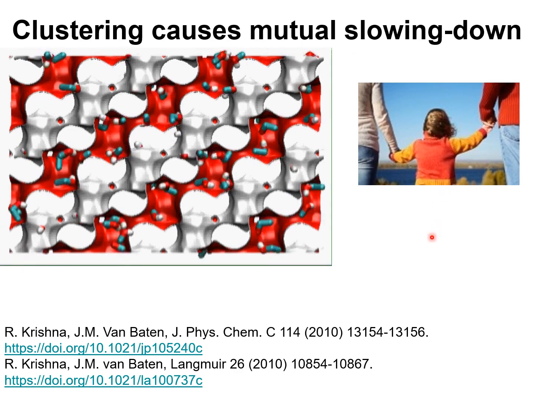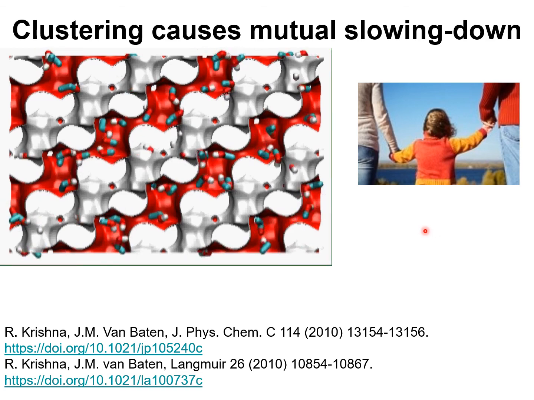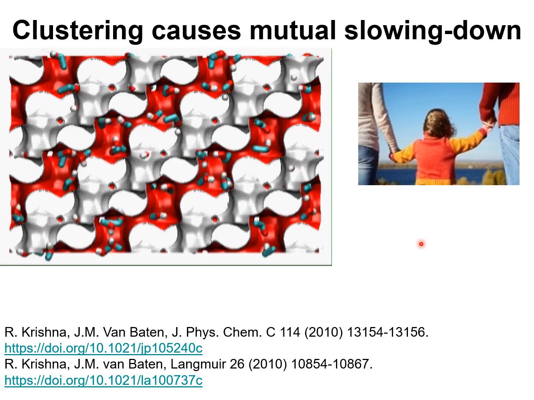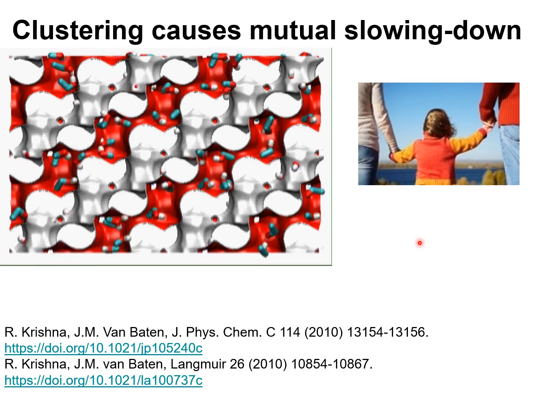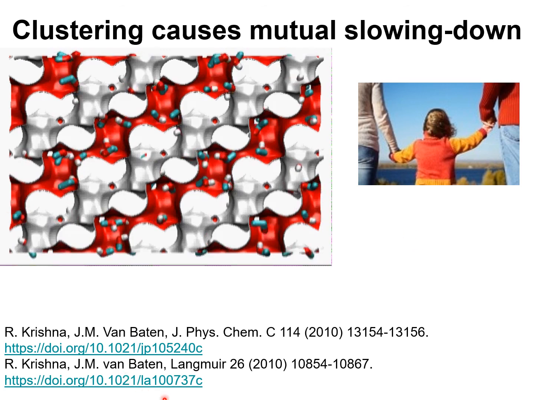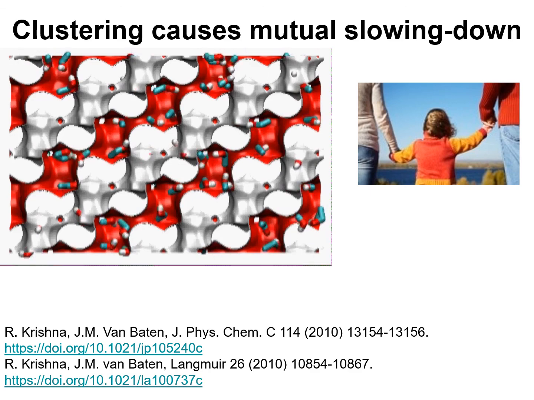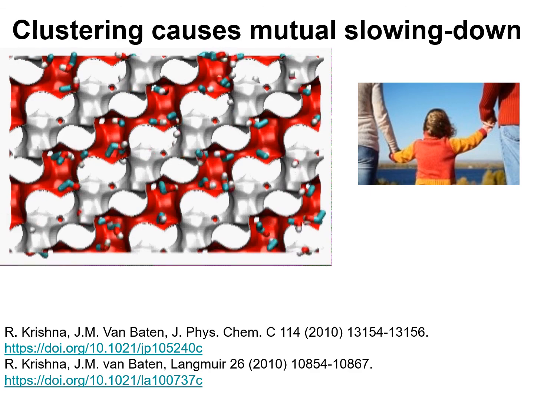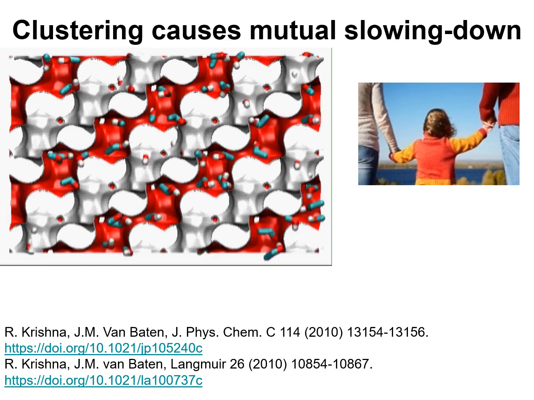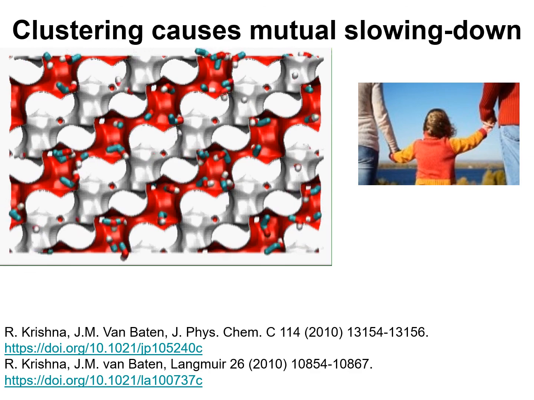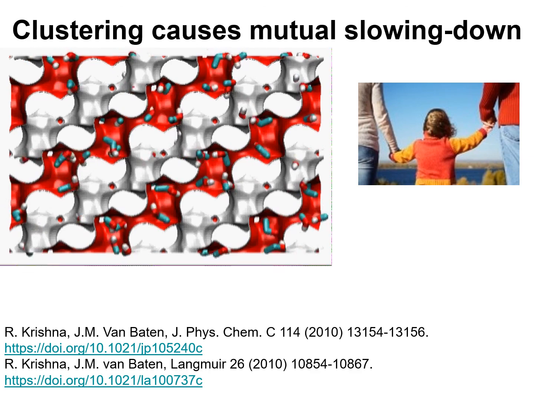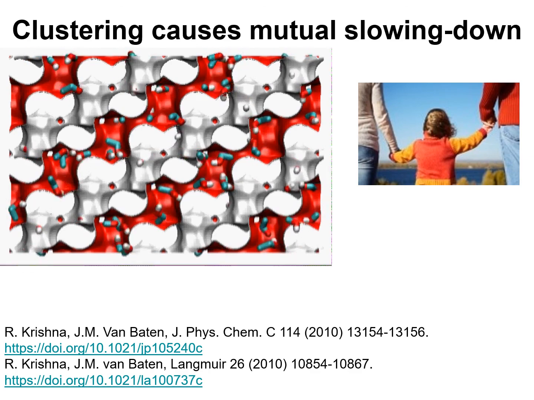The mobility of both partners in the mixture are reduced due to clustering phenomena. Some indication of clustering is also evident for these animations which show clustering of methanol and ethanol mixtures within the cages of MFI zeolite.